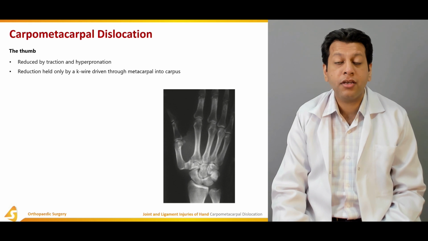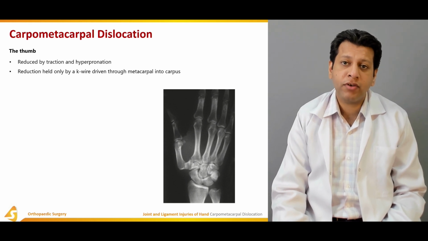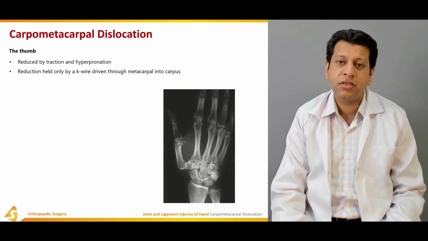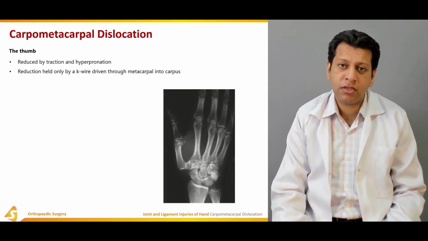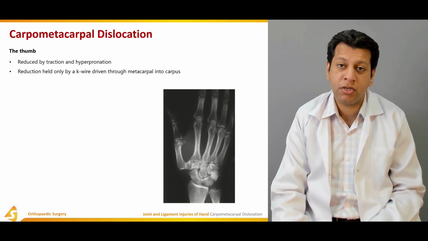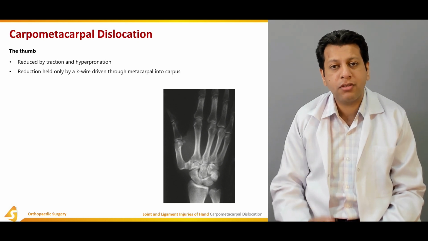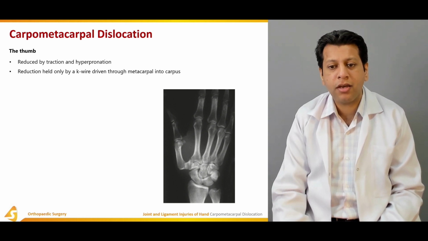Reduction held, then it depends. Usually if it's a massive injury, it's associated with ligamentous injuries as well. So sometimes the reduction can be easily done closed, but then it remains unstable, and the thumb is prone to redislocation. If it's unstable, then you apply a K-wire driven through the metacarpal into the carpus.